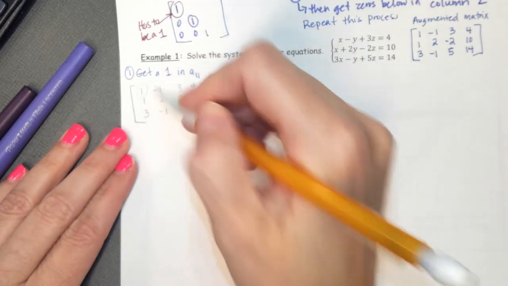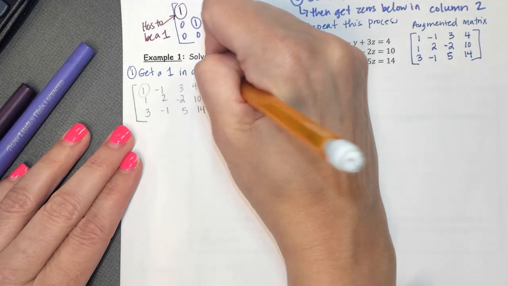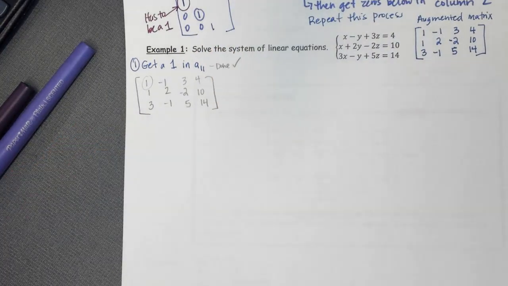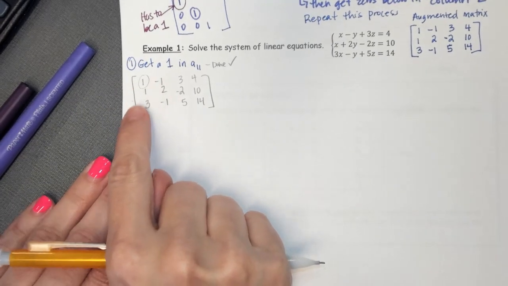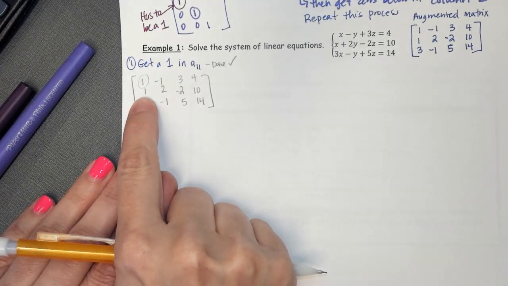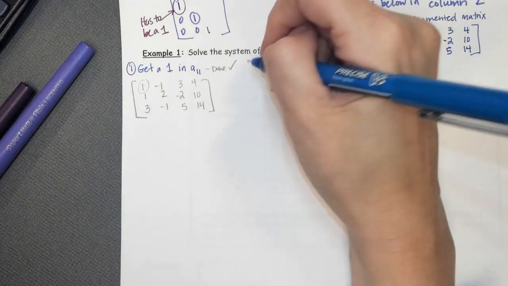Now guess what? You already have that done, so that is excellent. You don't have to do that step. If this was a number other than 1, because this row has it, you could also just do a switch if you wanted.